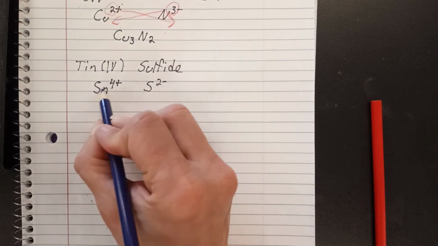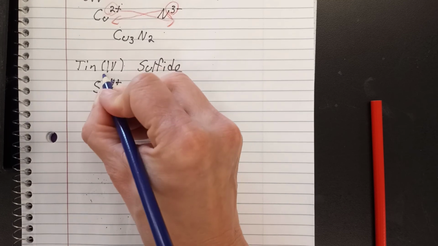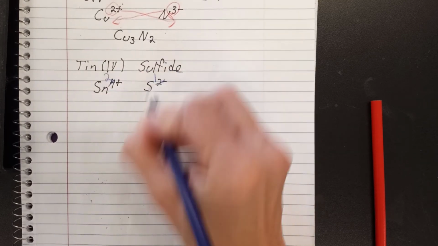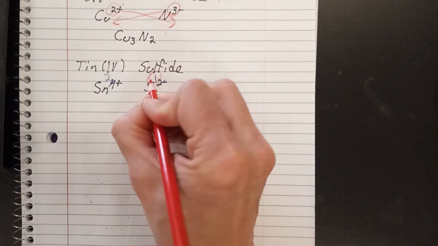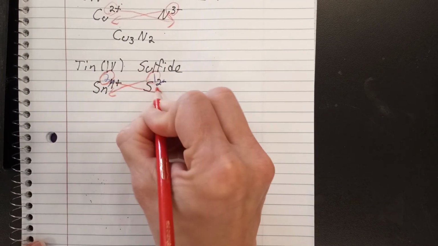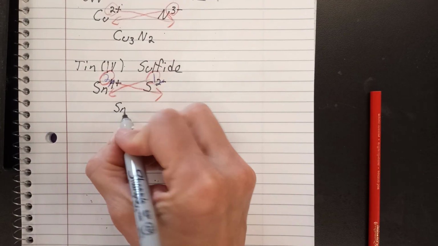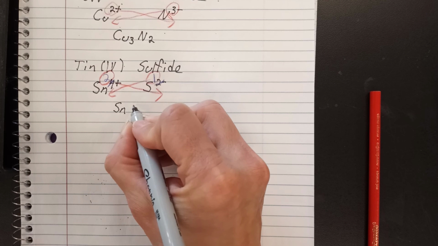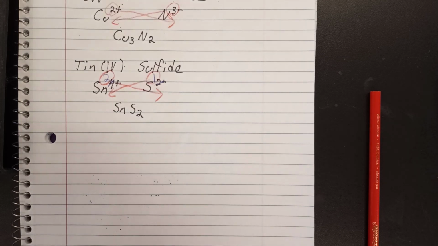Again, we look at our numbers, and because 4 to 2 is not a lowest ratio, we reduce them to 2 and 1, and then we'll pick them up, move this over here, and the 2 over there, and we'll be left with an Sn invisible 1, S2, just like that. Okay, good luck.